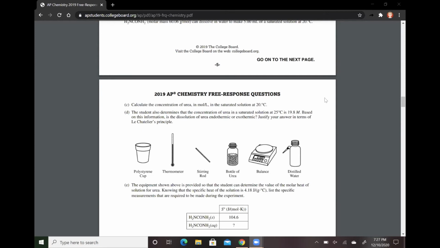I know it sounds confusing, but the best way to remember this is: in order to dissolve anything, you need to apply heat, or stirring, or something to get the molecules to dissolve. By putting that energy in, that's making it endothermic, as opposed to exothermic, which would be the energy being given off. But yes, so that is D.